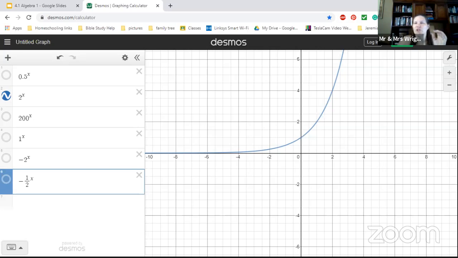What happens when we change the base number? If instead of 2, I have 20 or 200, something like that, well, as you increase the number, the slope increases. You see that? The fastness of how quickly it rises goes way up.